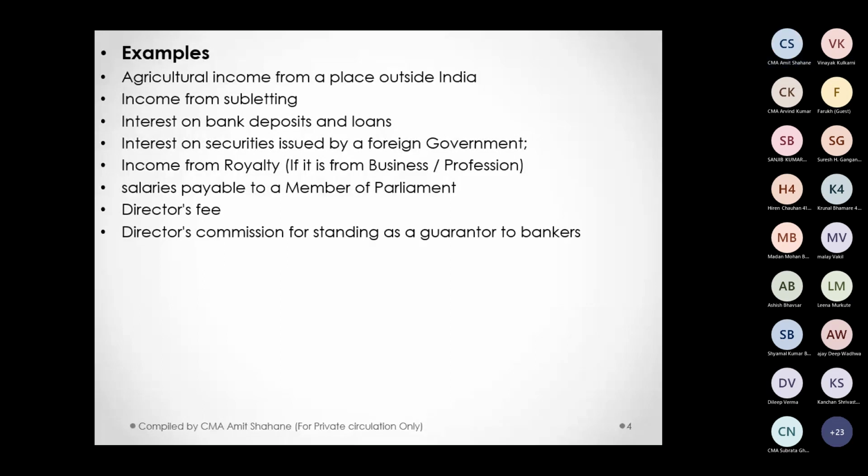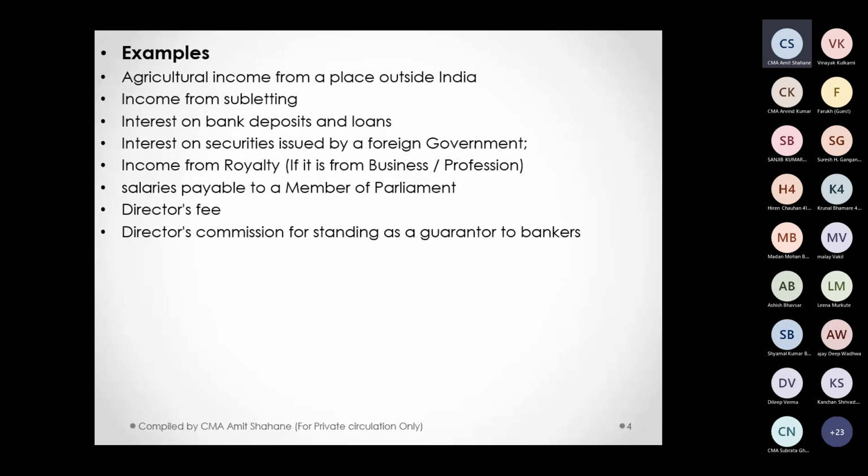Similarly, in many cases, the director will give a personal guarantee to the financial institutions, and for that you pay him guarantee commission. Being a director, it is not mandatory on him that he should give the guarantee.